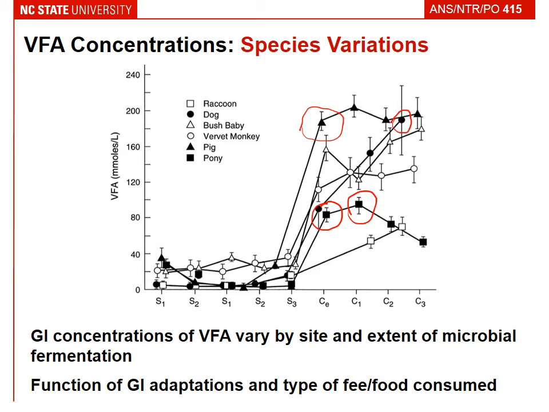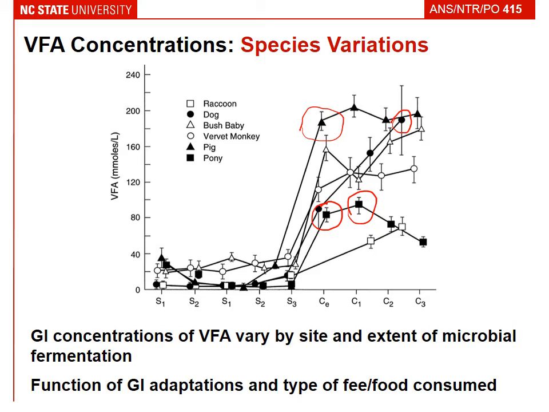This is stomach 1 and stomach 2. The small intestine, so duodenum, jejunum, ileum. This is the cecum, and colon 1, colon 2, and colon 3 is what those mean.